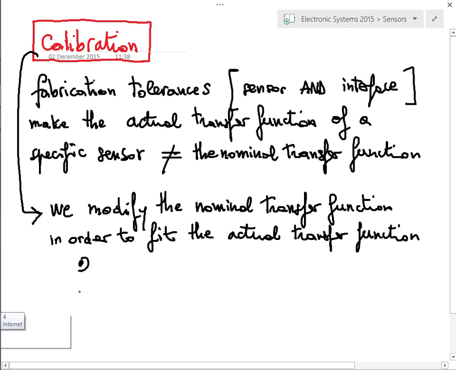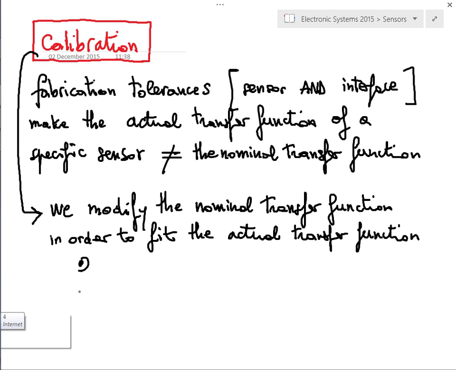What it means in this particular case, of course, we have in the software a formula for the inverse transfer function, and by measuring with the reference measurement system a certain number of points along the transfer function, we modify the expression of the inverse transfer function that we have in the software.